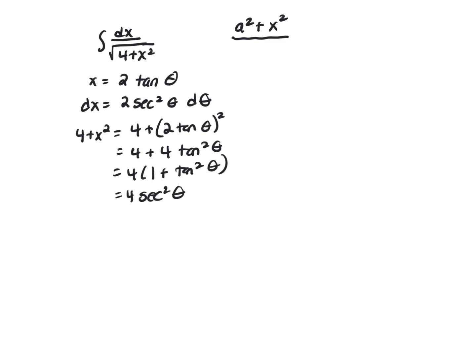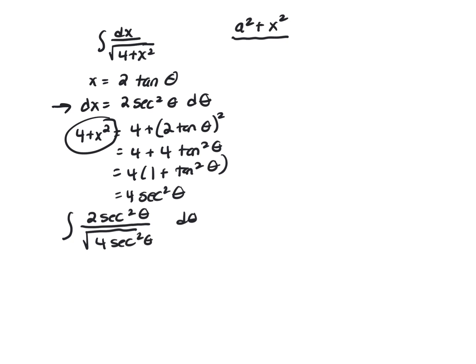So substitute into your integral in terms of theta. So dx is 2 secant squared theta d theta divided by the square root of 4 plus x squared. We found that to be 4 secant squared theta. So simplify. 2 secant squared theta.